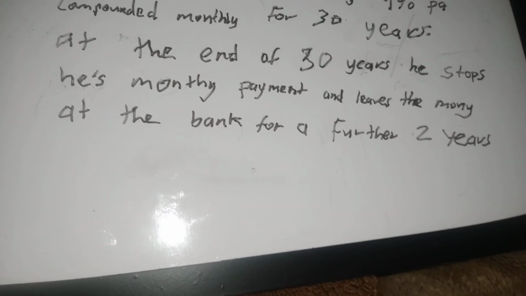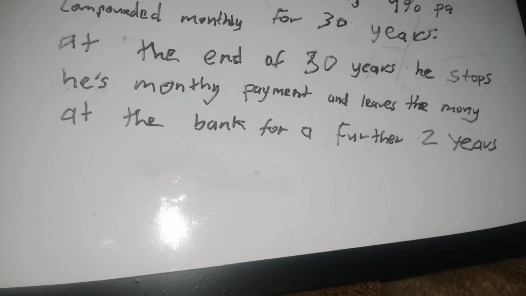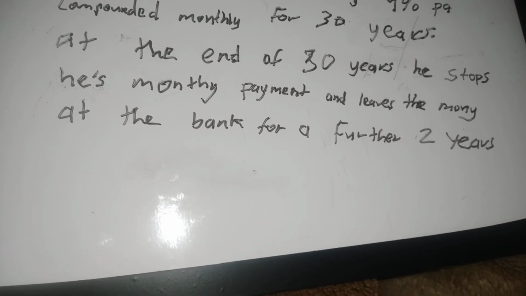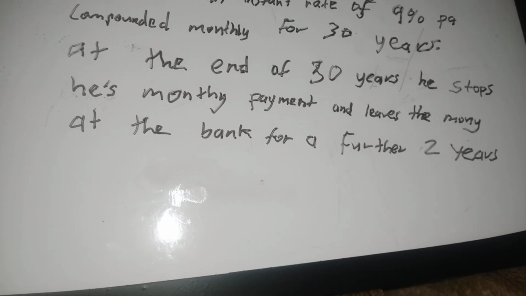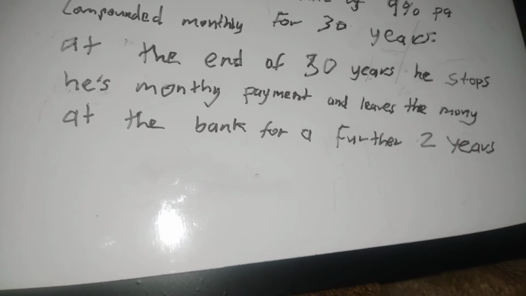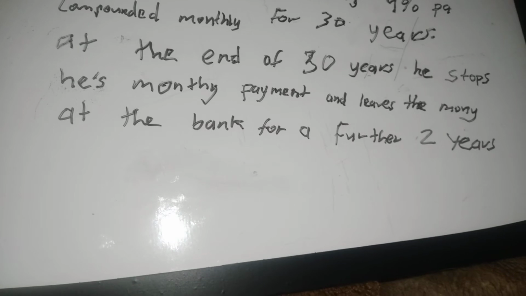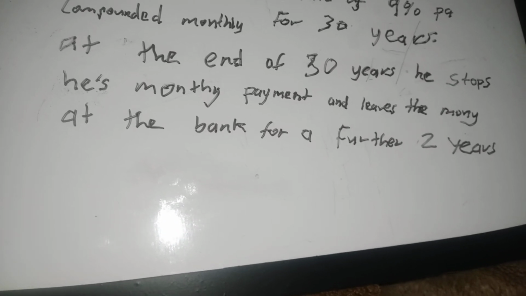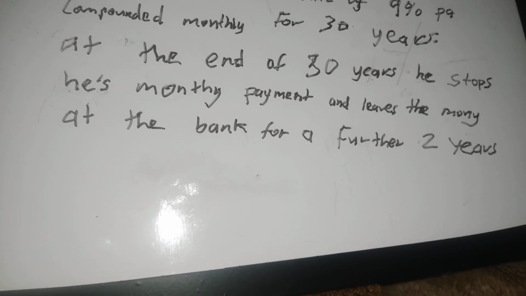The time the person is paying consistently, you'll calculate that part using the grade 12 formula, because it's paying consistently up until 1 year 6 months. So what you'll do is calculate using the grade 12 formula for 1 year 6 months.